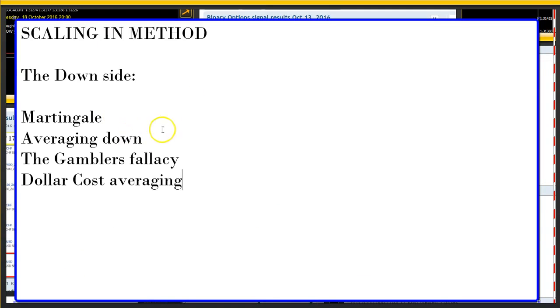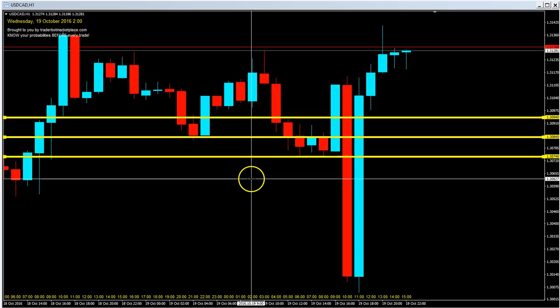Martingale, averaging down, the gambler's fallacy, dollar cost averaging, all of these mean the same thing. What do they mean? They mean you're going to blow out your account and have nothing if you continue to do this without strict parameter rules. Okay, so if you don't know what any of these mean, I'm going to show you just so that you know what not to do.